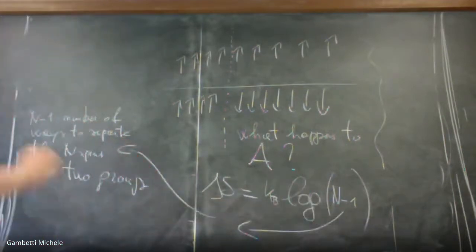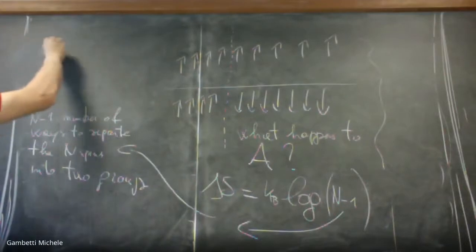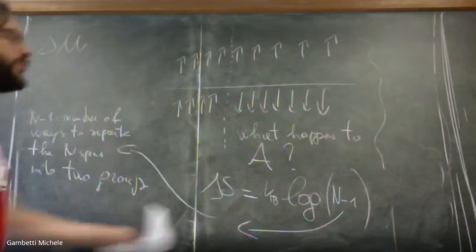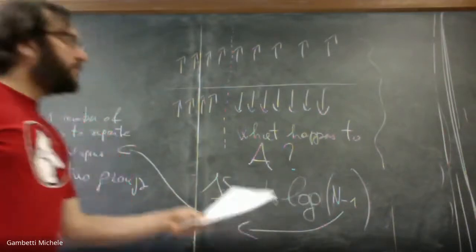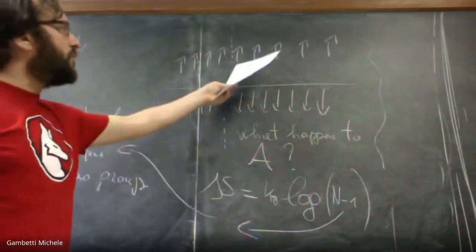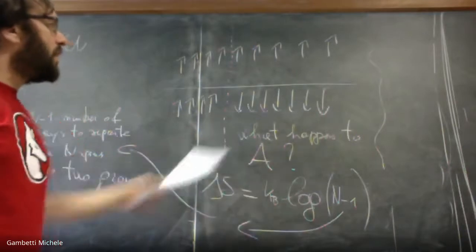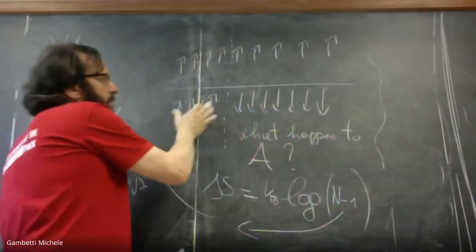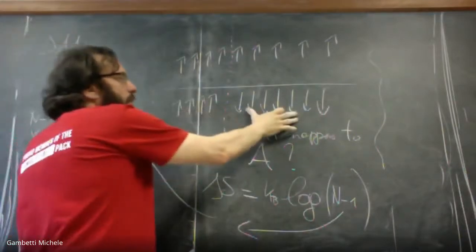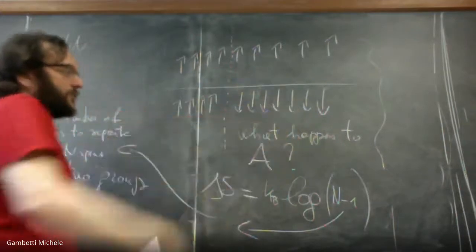Okay. What is instead the price that I pay? So entropy is increasing when going from a configuration in which they are all aligned into a configuration in which there are two groups, one aligned in a certain direction and the other aligned in the opposite direction.